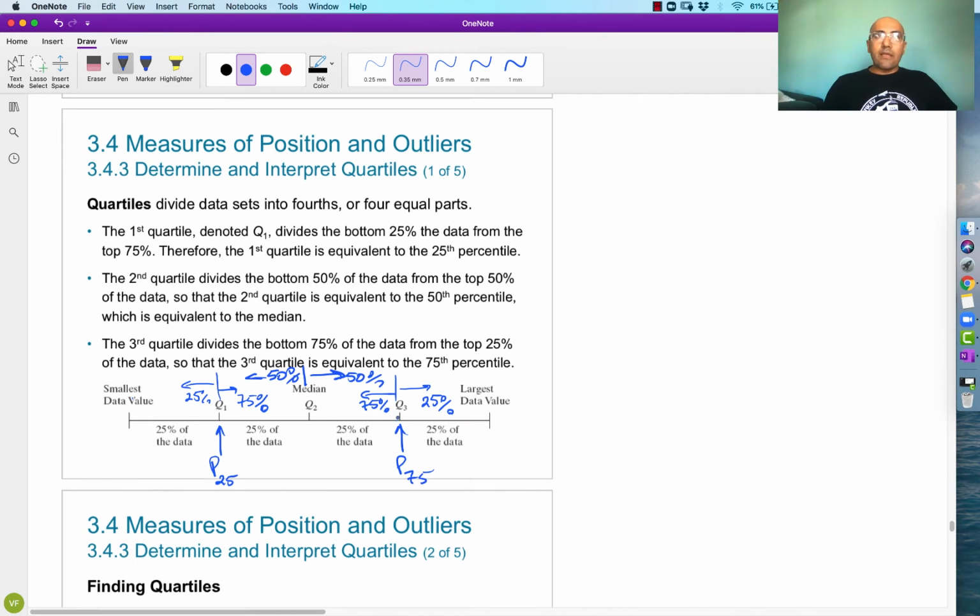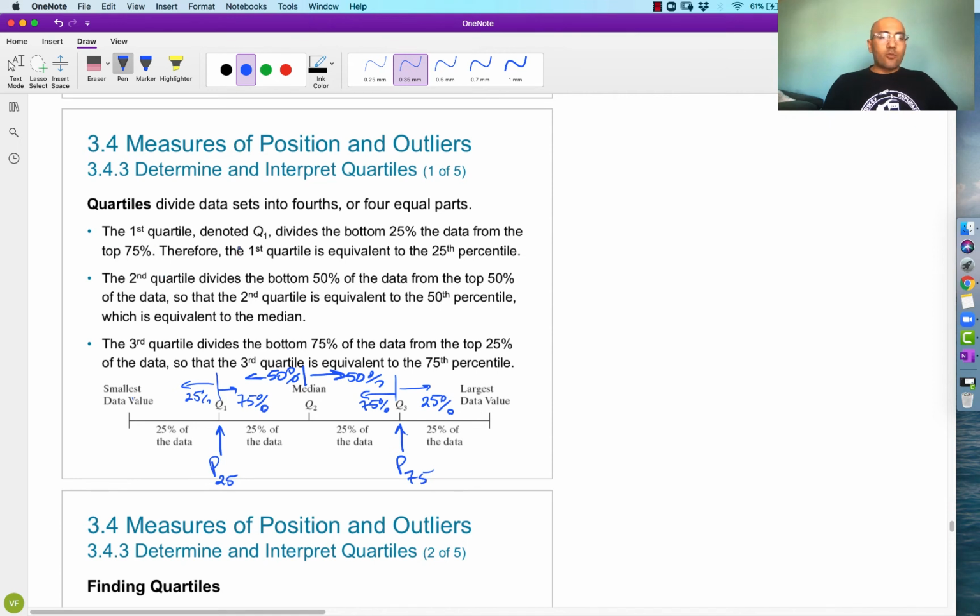It's a percentage of all the other scores in your set. It's the score, whatever it may be, could be a big score, could be a little score, we don't know. It's the score that separates the lowest 75% of other scores from the top 25% of all the other scores.